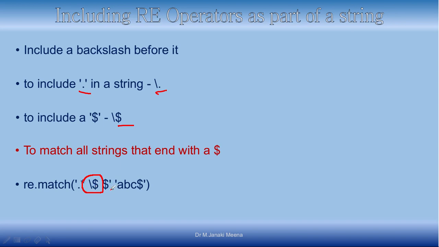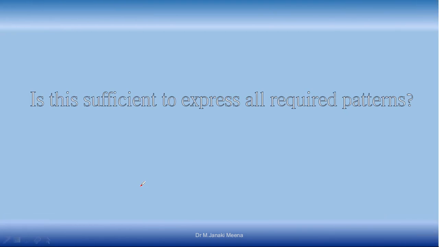This last dollar is indicating the end. So, when I give a string ABC dollar, this will return me an object because it ends with the dollar, and this ABC will be taken care of by this dot star, because it means any character can be repeated many times. And this dollar will be taken care of by the backslash dollar, and the final dollar ensures that it should be the end of the string.